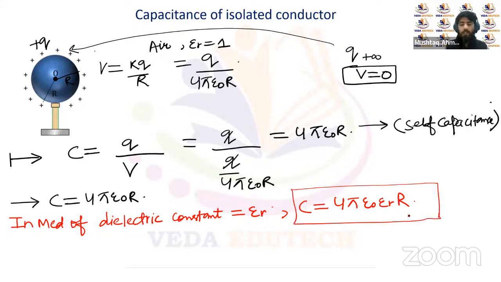So this is the capacitance of an isolated spherical conductor, in presence of a medium and in presence of air as well. And we can see that the capacitance of this isolated conductor depends upon the radius of this sphere. It is directly proportional to the radius of the sphere. It means that it depends upon the size of a conductor, right?